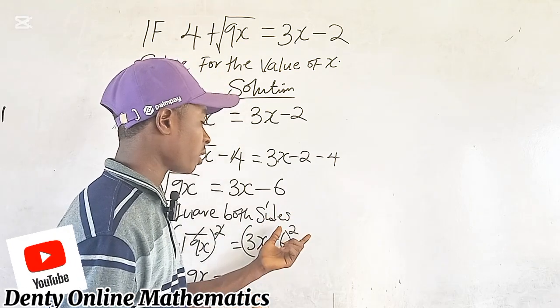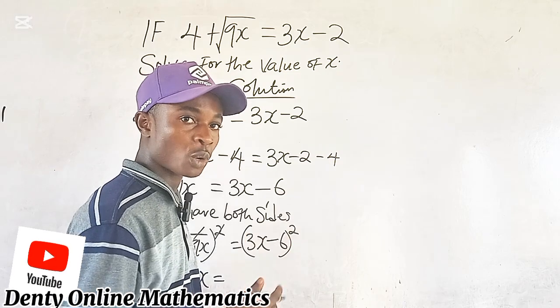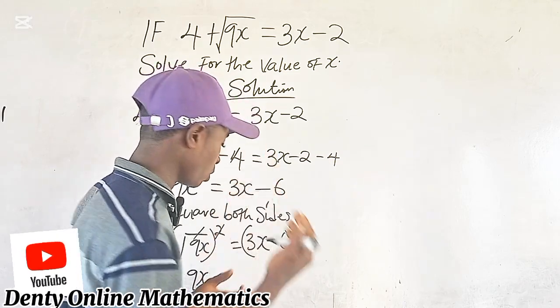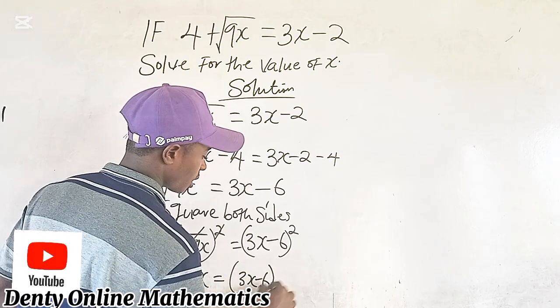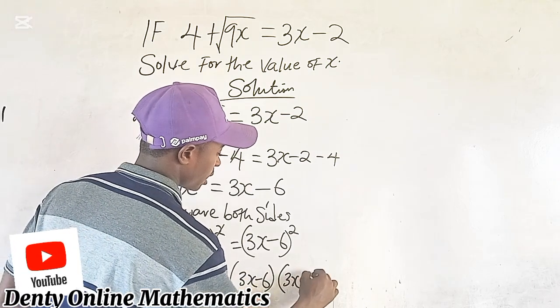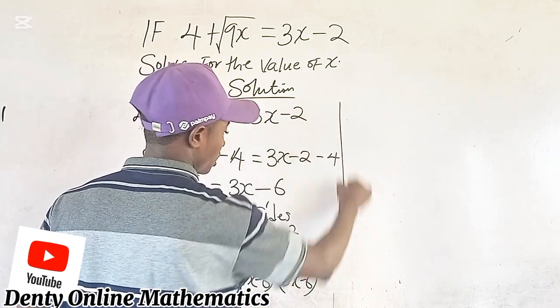Now when you see 3x minus 6 in a bracket raised to the power of 2, it means this bracket will come out 2 times, or will be expanded twice. So I'll have 3x minus 6 multiplied by another 3x minus 6.